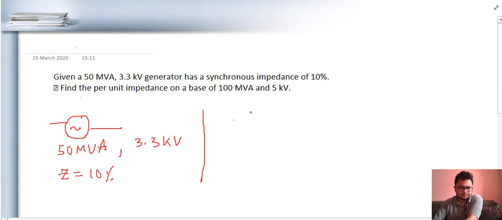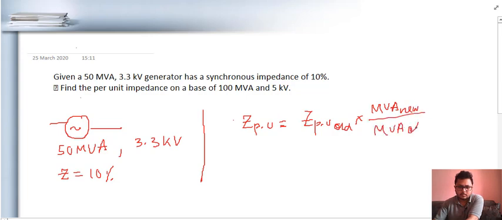Let us see. I have just now given a formula, Z per unit new equal to Z per unit old into MVA new by MVA old into kV square old divided by kV square new. Now say Z per unit old.